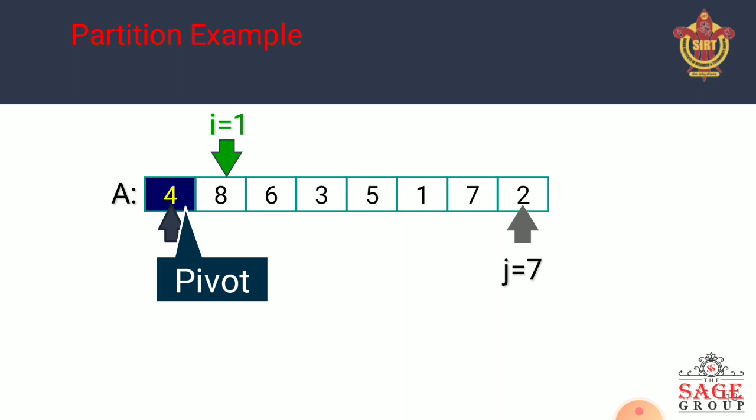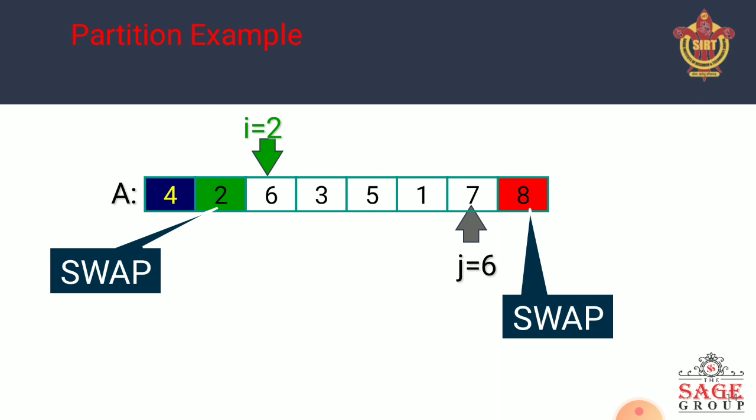So we swap 8 and 2 like this, and advance both index values i and j. i's value is increasing and j's value is decreasing. i searches for a value larger than the pivot, and j searches for a value smaller than the pivot.